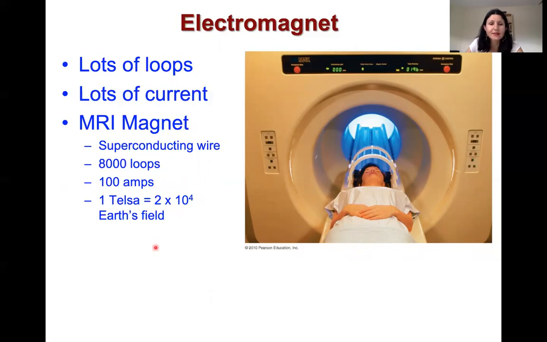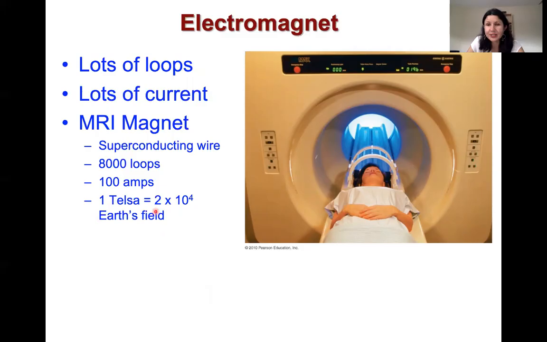So if you remember back in 7B, when you're measuring current with a simple circuit of light bulbs and batteries, you are getting maybe an amp or less even of current. So this is very strong current. So what happens is, inside this solenoid or this MRI machine, you get a very strong magnetic field.